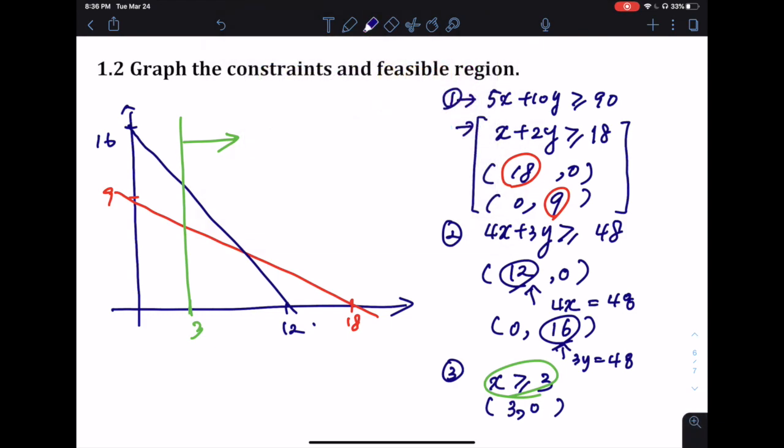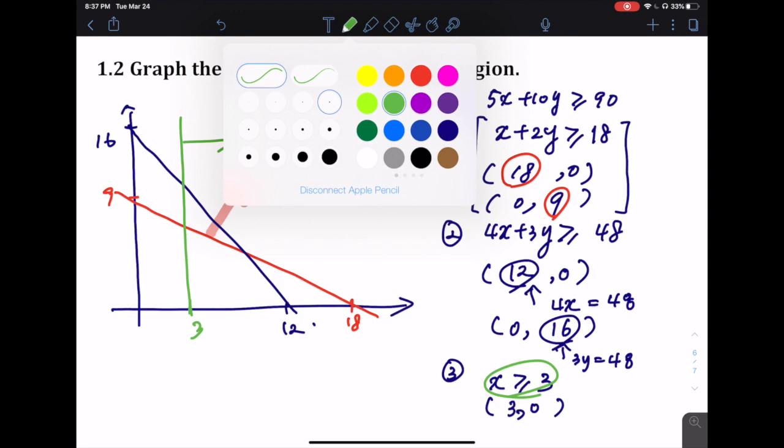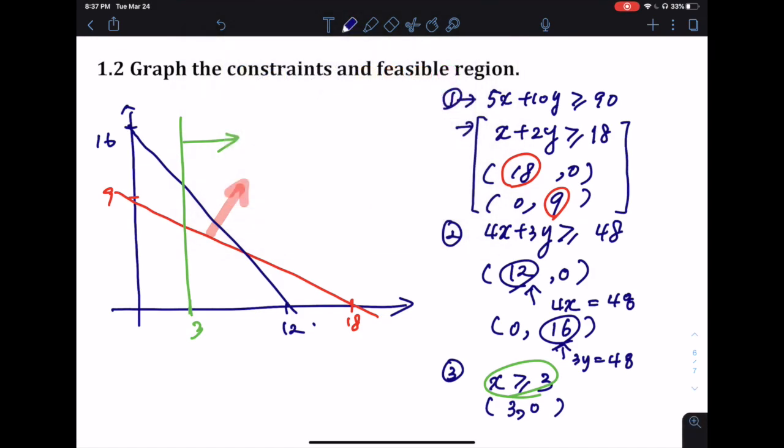For the second one, the red line, we have greater than or equal to, so this side. And the last one, the blue line, is also greater than or equal to, and we have this side. If you consider all three constraints together, the feasible region, you will find this area.